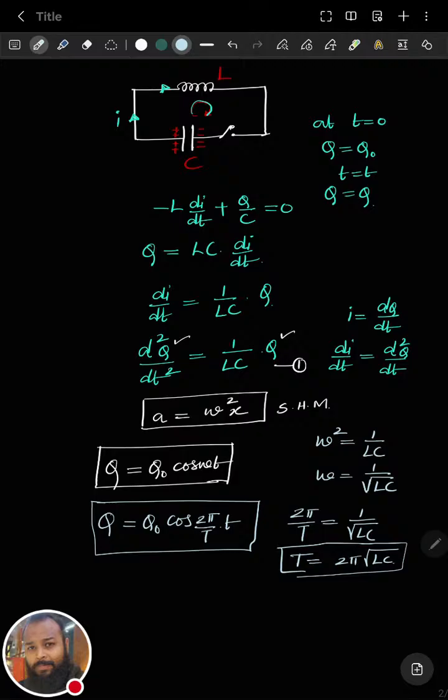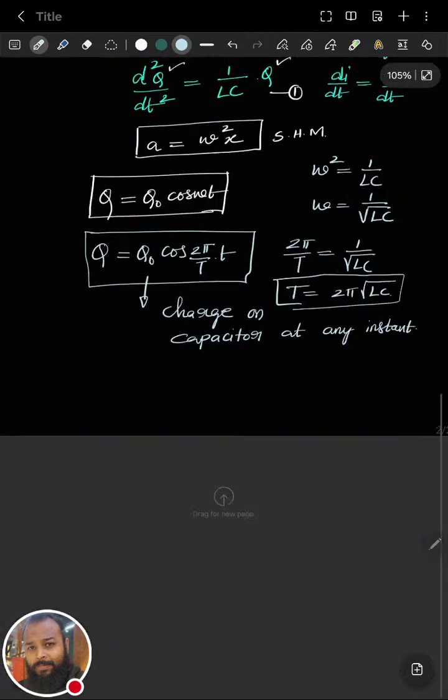So Q is equal to Q naught cos of 2 pi by capital T into small t is the charge. यहाँ पे लिख देता हूँ. This is the charge on the capacitor at any instant.